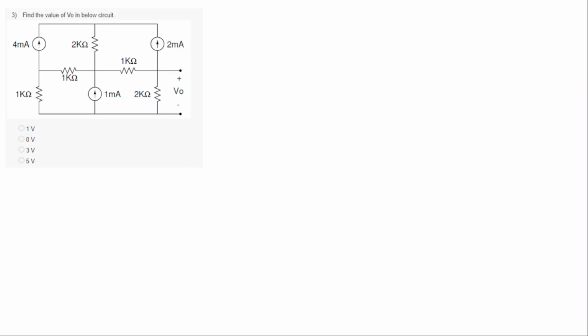Now we need to find the value of V naught in this circuit. Let's apply mesh analysis. Let's assume this mesh has I1 current, this mesh I2, this mesh I3, and this mesh I4. Because this mesh is forcing I1 current, and this terminal is not common to any other mesh, I1 will equal 4 milliampere.